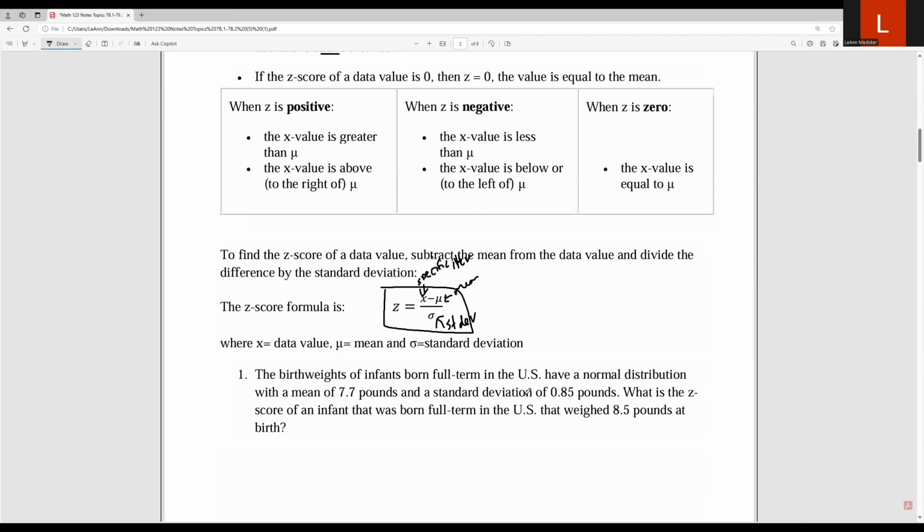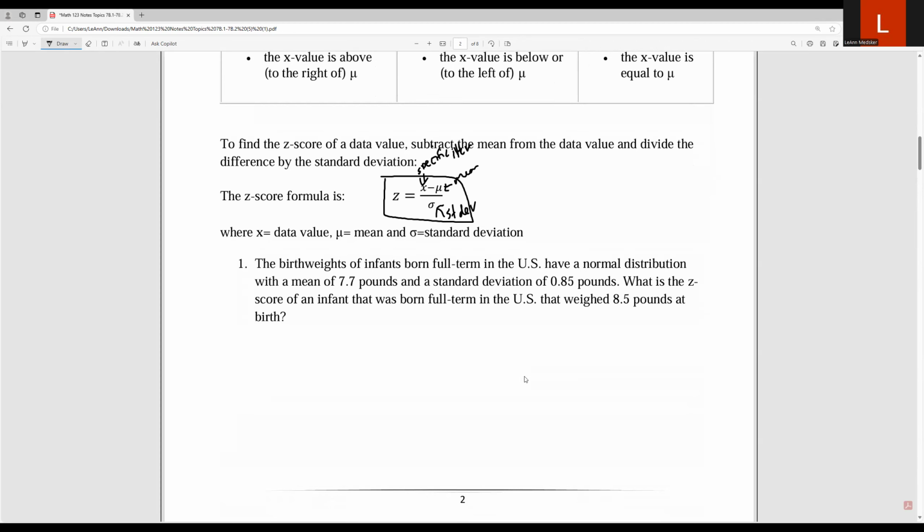So let's try converting one of these. Okay. So we have the birth weights of infants born full term in the US have a normal distribution. That's important. Otherwise, you can't do a Z-score with a mean of 7.7 pounds. So that's my mean, standard deviation of 0.85. So those are both the mu and the sigma. Those are the symbols for mean and standard deviation in a population. What is the Z-score of an infant that was born full term in the US that weighed 8.5?